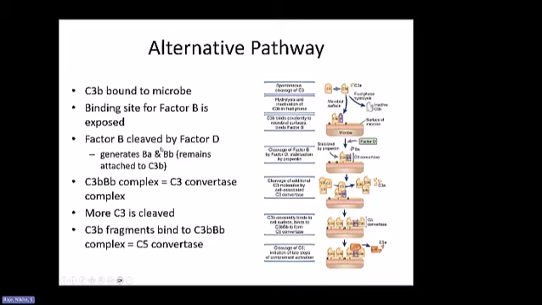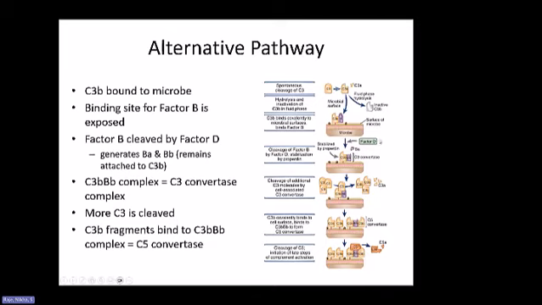That C3b bound to factor B is the one that's called C3 convertase. So C3bBb is called a C3 convertase that helps in cleaving C3 very efficiently. And once that continues to do that, another piece of C3b is bound to the C3 convertase to form C5 convertase. And then finally, that starts cleaving C5 very efficiently.